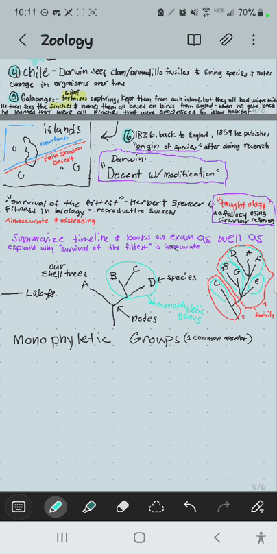It's called cursive, right? Okay, the other rule you need to be aware of is that the genus name, the first letter is uppercase, capitalized. Capitalize the first letter of the genus, that means you can't write the genus in all caps. The first letter has to be capitalized, and then the remaining letters of the genus are lowercase. The reason I'm saying that is because for some reason people will give me all caps.